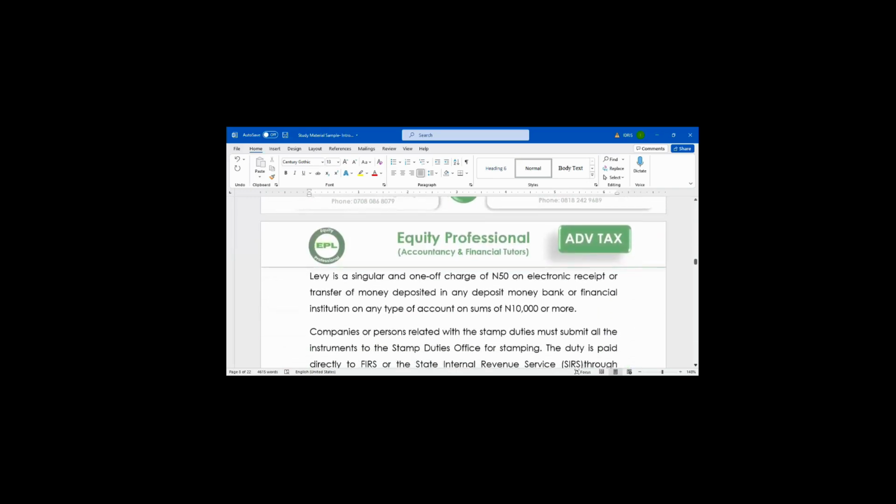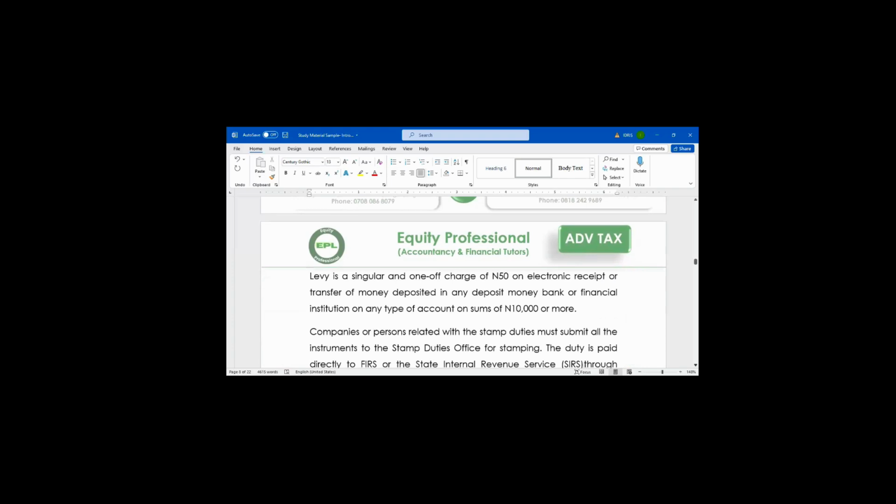Example of stamp duty: electronic transfer levy. That 50 naira charged by banks for a transaction above 10,000 naira is a stamp duty.